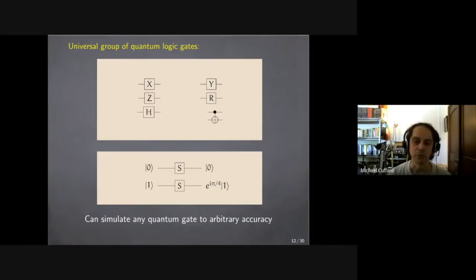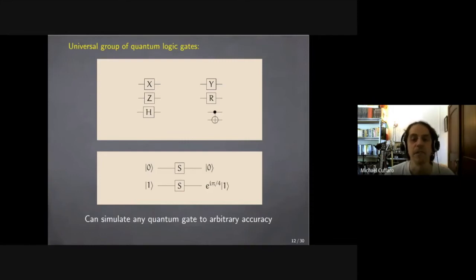On the other hand, we would like to be able to, in some cases, simulate an operation that might be performed on n qubits, some kind of unitary transformation on a larger system of n qubits. And we need to be able to approximate that operation using one and two qubit gates.